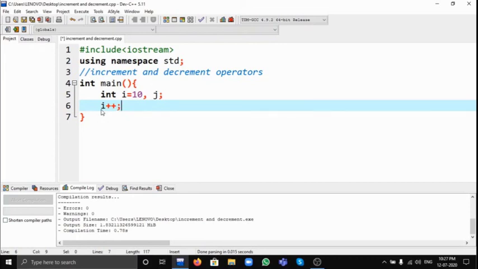Then why do we need to use this? Actually, when we learn about complicated topics, for example, functions, loops, iterators, there we will come to know about the actual use of all these things. So these might seem to be quite trivial, but these are really useful when we make complicated programs in the future.